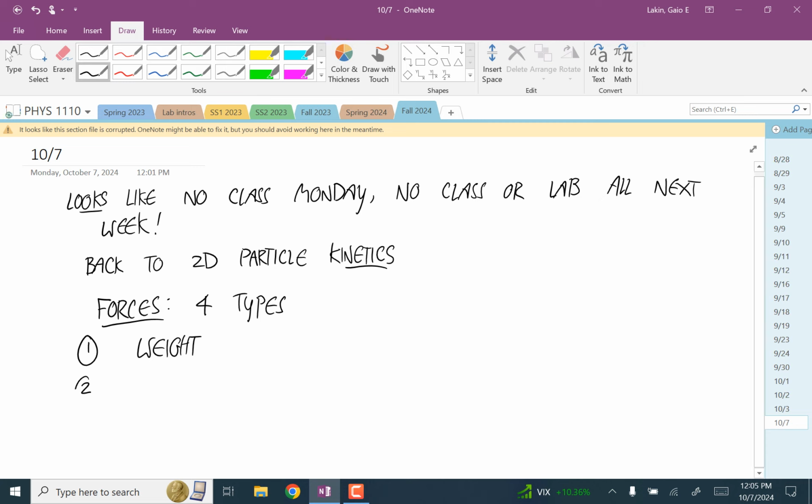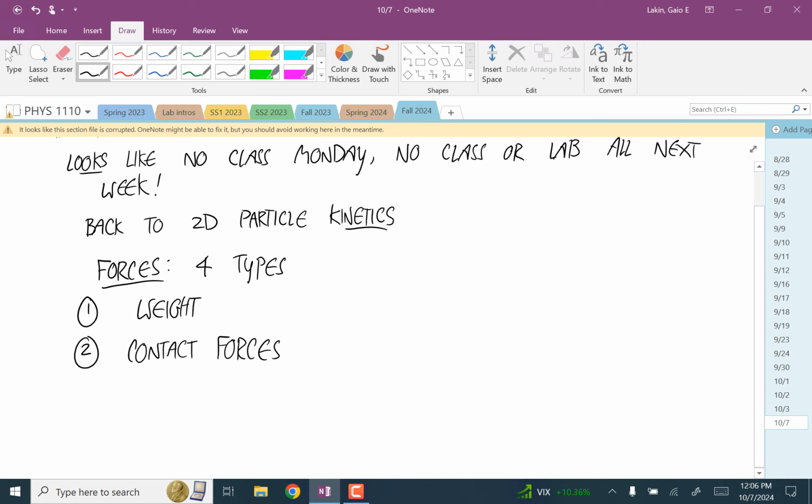And then the second category is contact forces. And we're going to have three of these. So the first one is pushing contact. So what happens when two objects are pushing on each other? The second one is pulling contact.